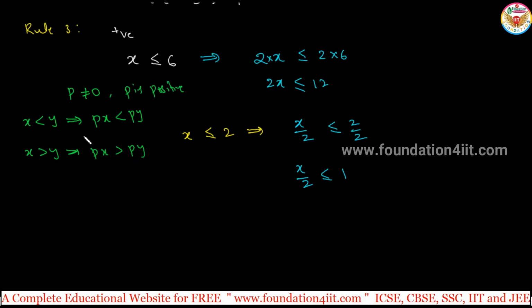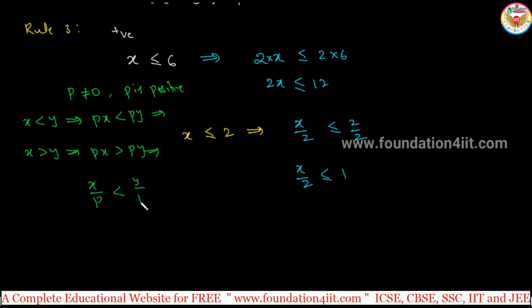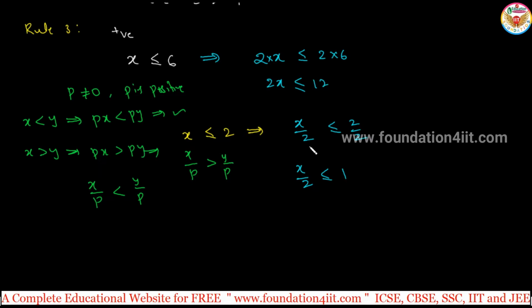Similarly for division, x by p is less than y by p, and x by p is greater than y by p. So it does not change. On multiplying or dividing both sides by the same positive number, the inequality does not change. This is an important rule.